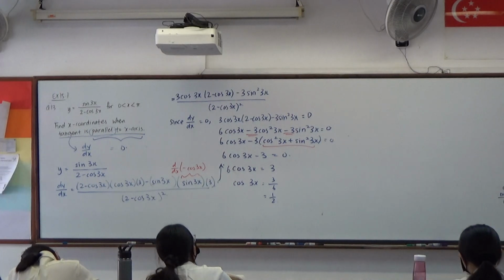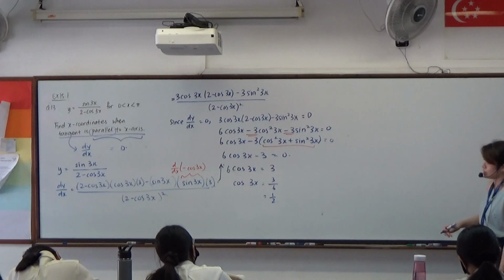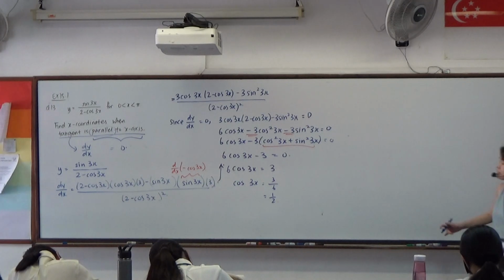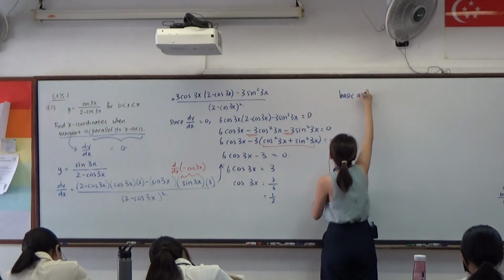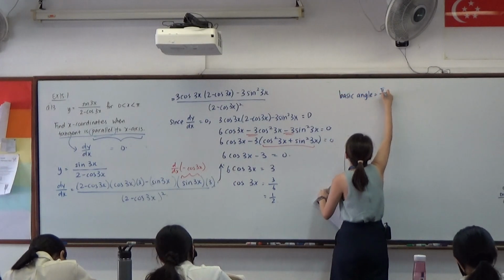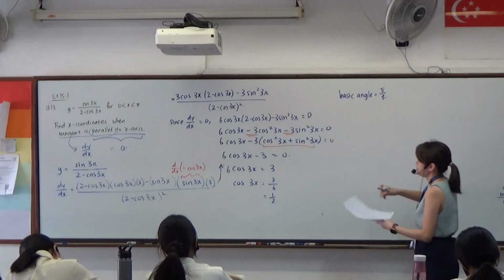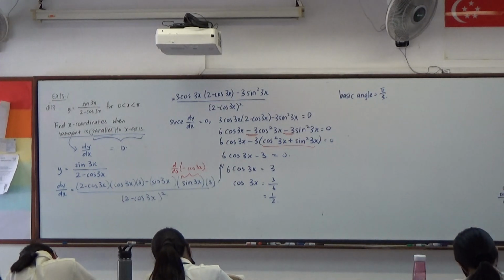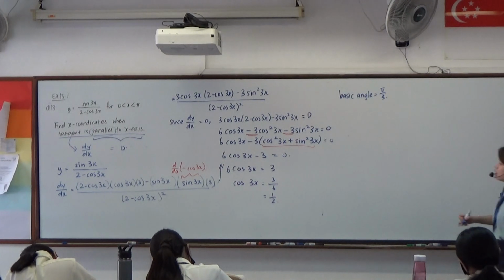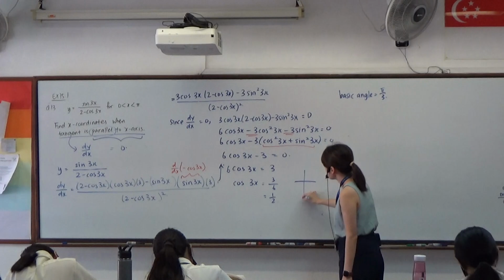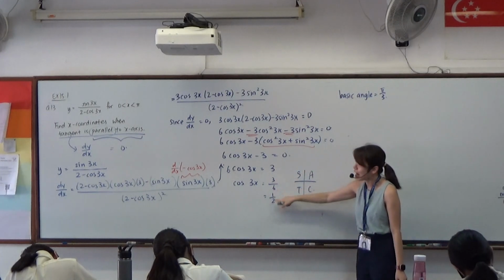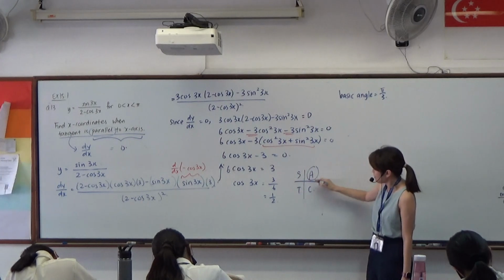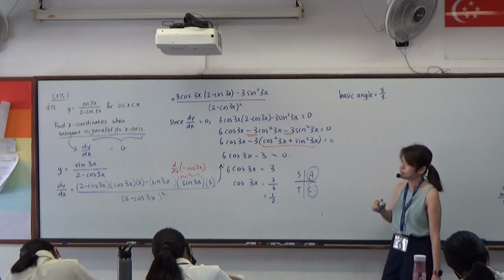And half again is a result of a special angle, and that is your basic angle of 60 degrees, which is pi over 3. Then from the cosine equation here, because your value is half, which is positive, we look at the first and the fourth quadrant.